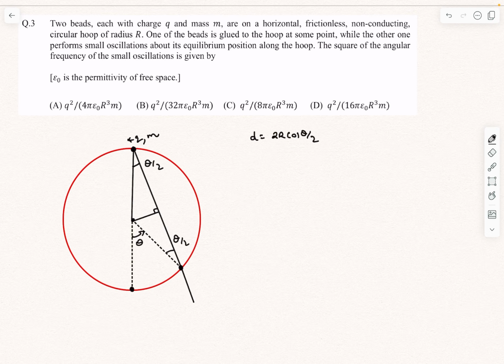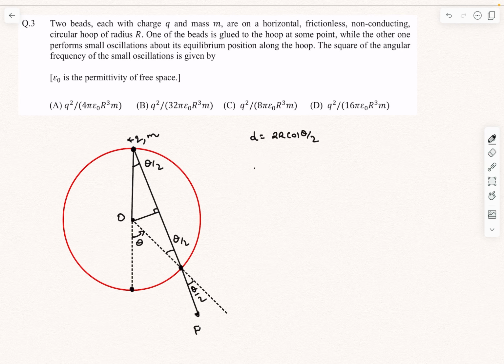The electrostatic force will be along the line connecting them, and if I extend this particular line over here, this angle will be θ/2. Now the radial component of the force is passing through the origin, and so is the normal force, right? So the only component of restoring torque about the point O is due to the tangential component of the force, and the tangential component is F sin(θ/2).